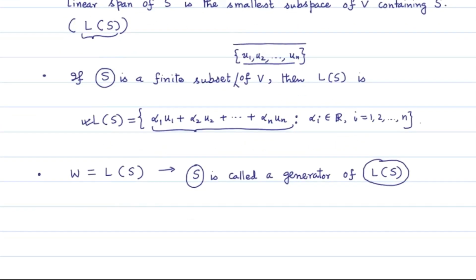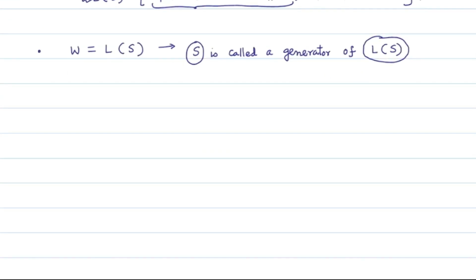For an example of linear span and generator, we consider the set capital S, say the set of vectors consisting of (1,0,0), (0,1,0) and (0,0,1) from the R3 space.